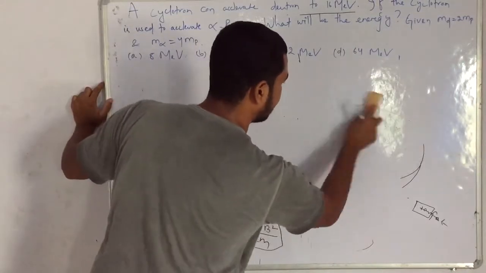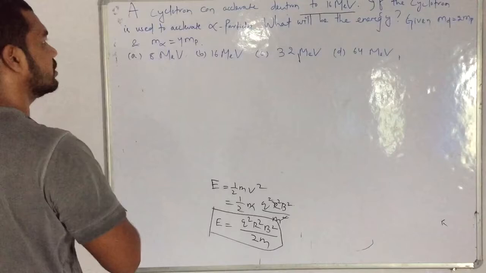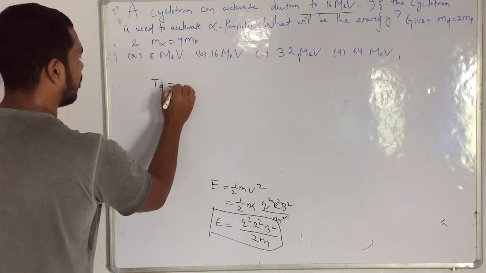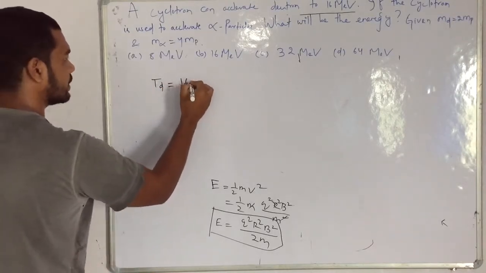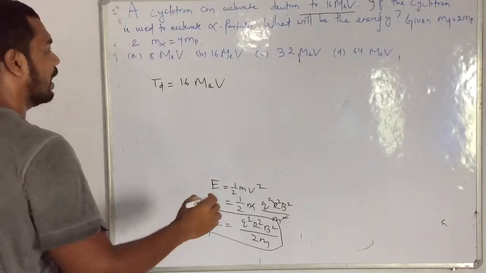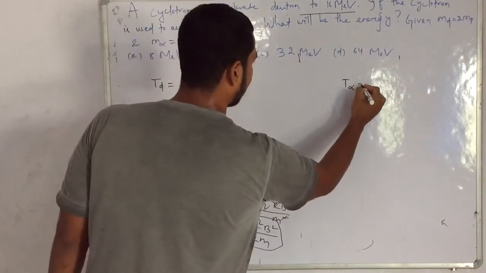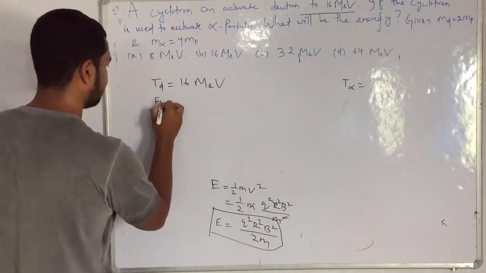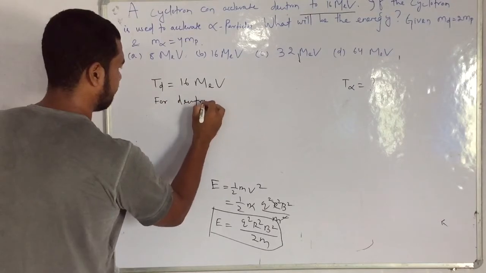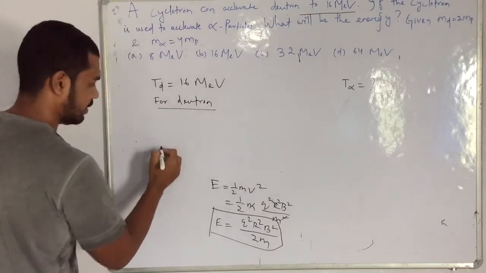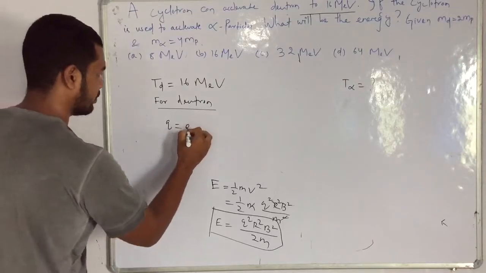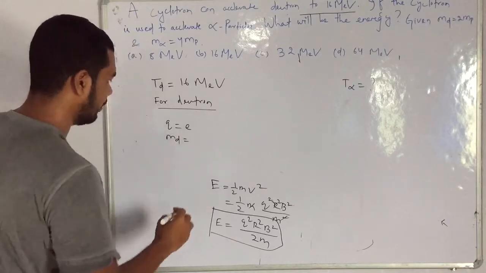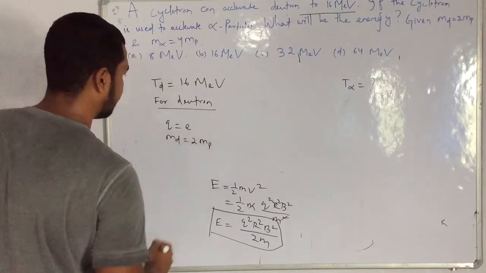So given the energy of deuteron is equal to 16 mega electron volt. We have to find the energy of alpha particle. For deuteron, we know the charge q is equal to e, and the mass of deuteron is equal to twice the mass of proton.